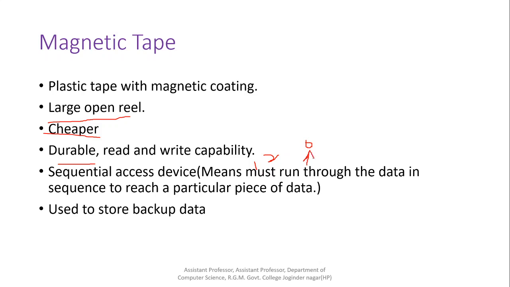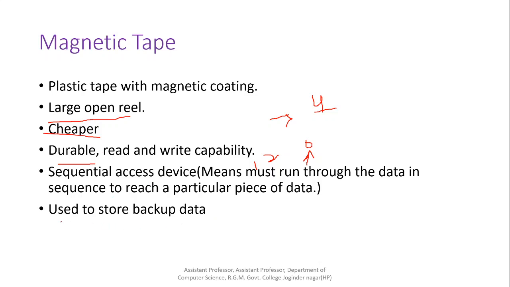Suppose in the case of music cassettes, if we want to play the fourth song, we first have to forward the cassette starting from the first song until it reaches the fourth song. Similar is the case of magnetic tape.